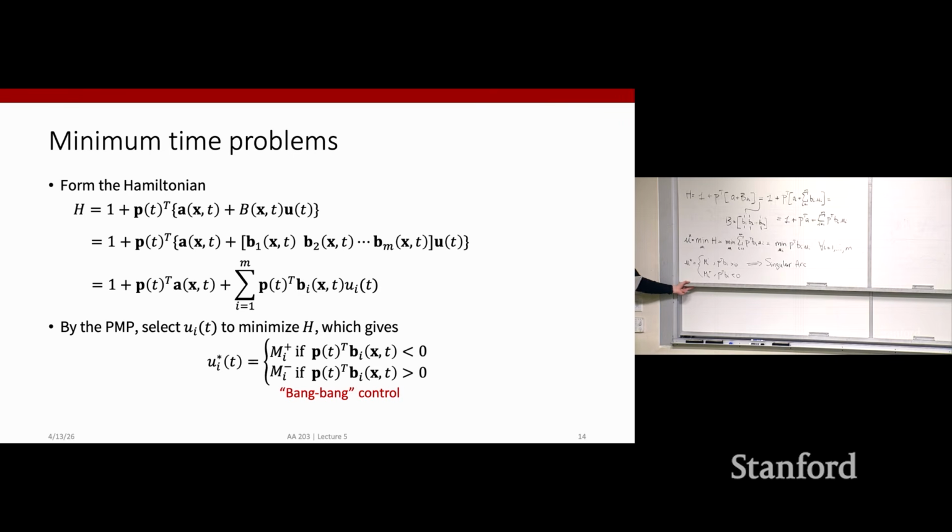Now, for the purposes of this class, we won't be dealing with singular arcs, so this is not a problem that should bother you too much. But I wanted to use this as an example of the kind of problems that could emerge, where for some portion of my time, P transpose B_i is equal to 0, and so I would not know how to characterize my controls.